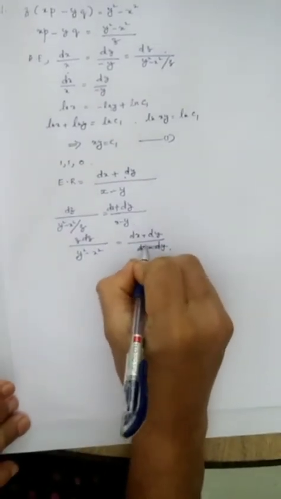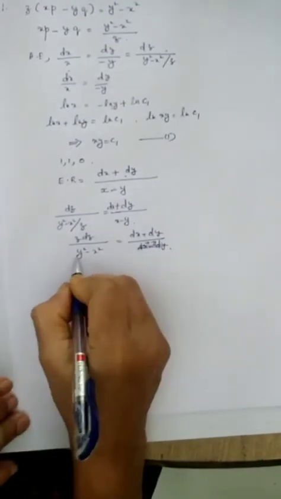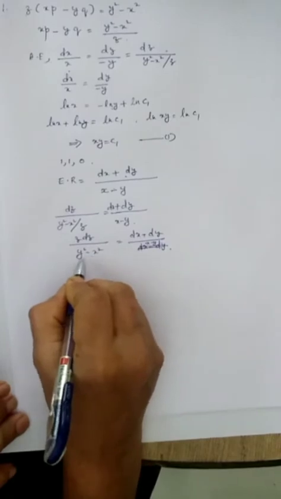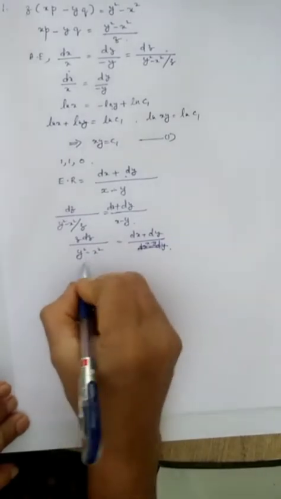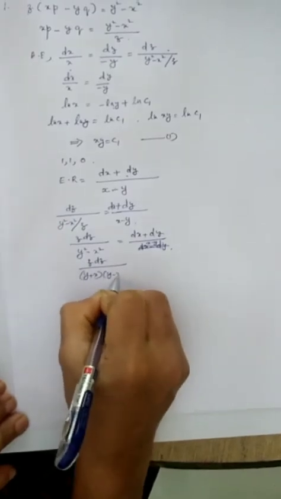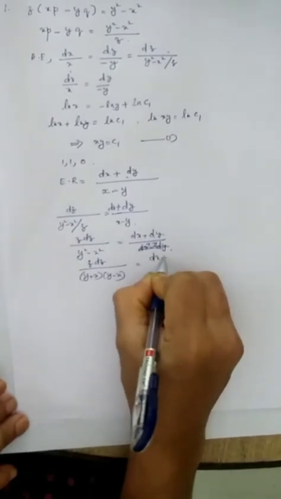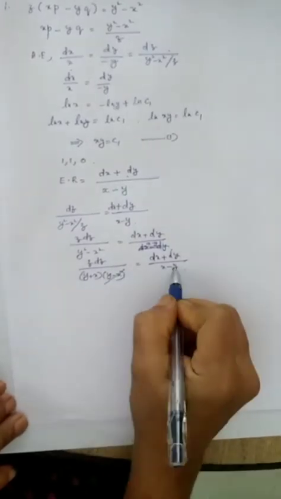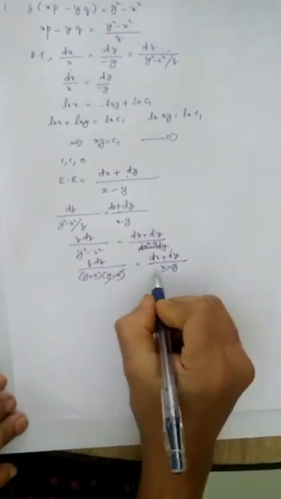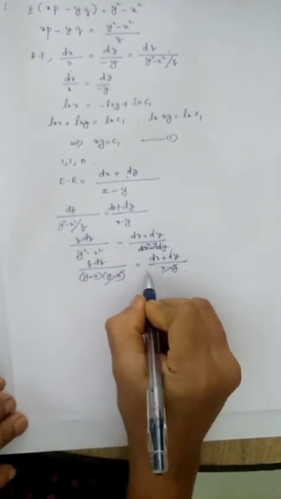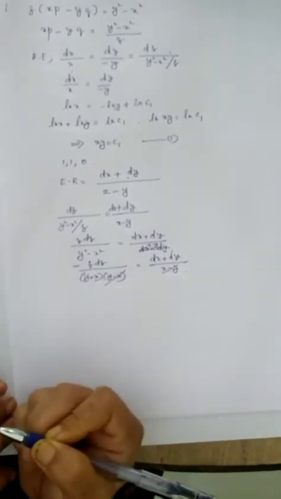Now on the left side we have y square minus x square, which can be factorized into y plus x and y minus x. So z dz by y plus x into y minus x equal to dx plus dy by x minus y. Now cancelling common factors on left and right side, we have minus 1 on one side.